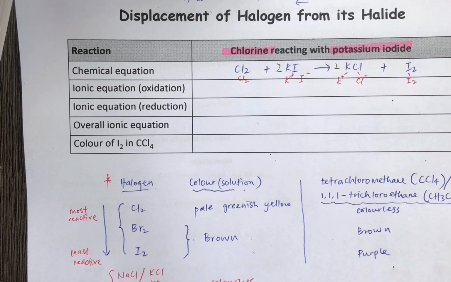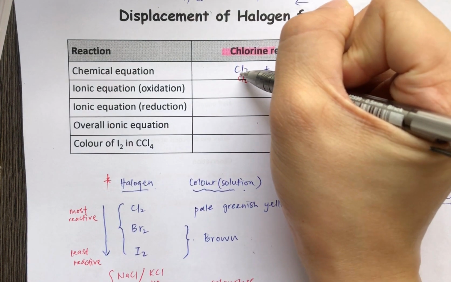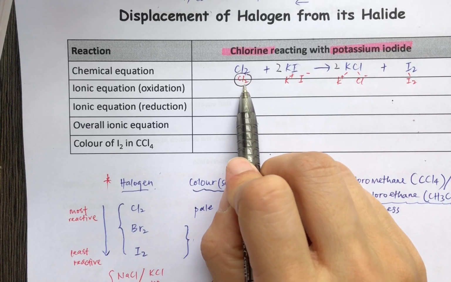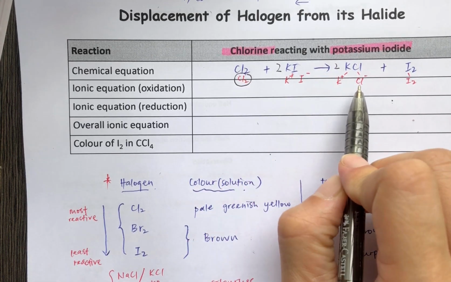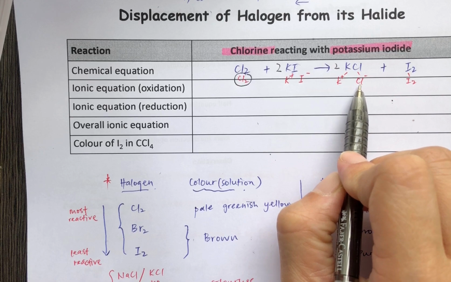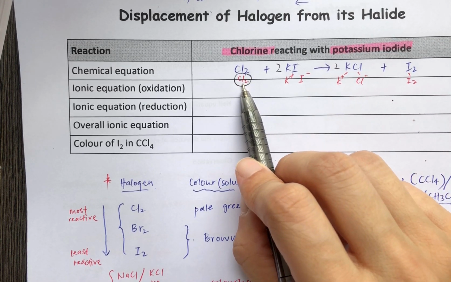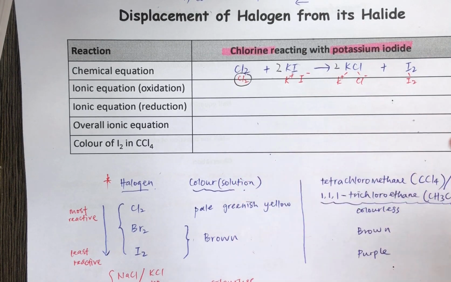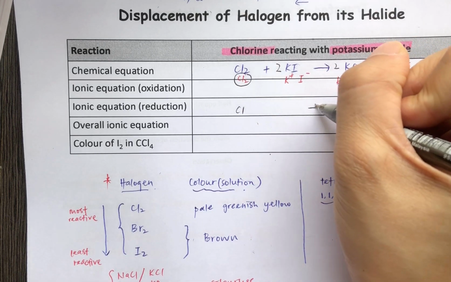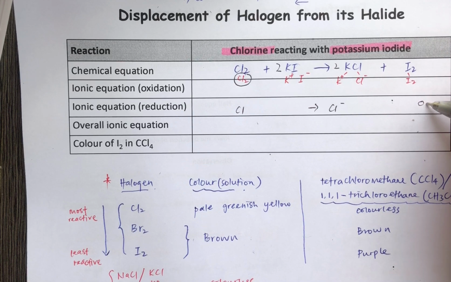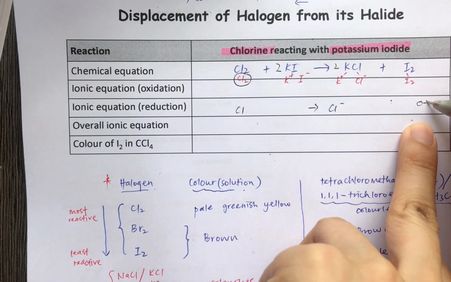From here, what I can see is my chlorine going from no charge to becoming an ion with a minus charge. So chlorine goes from oxidation number 0 to oxidation number -1.